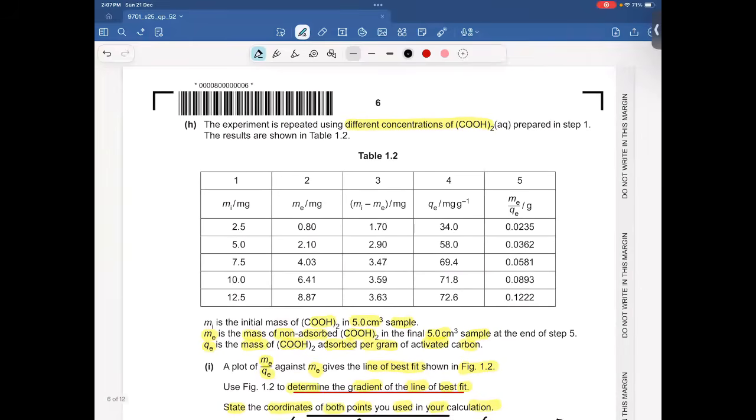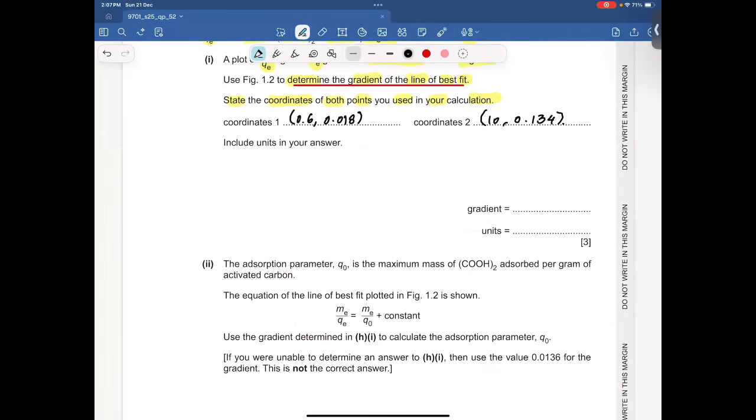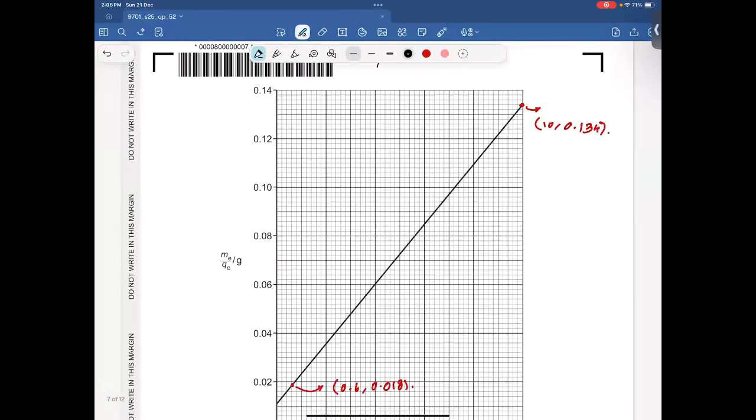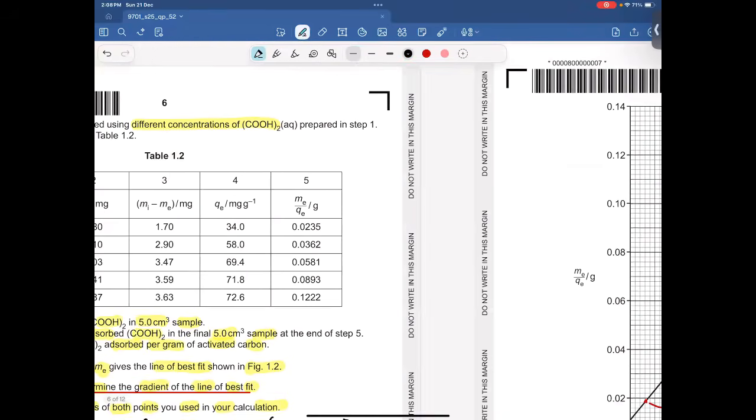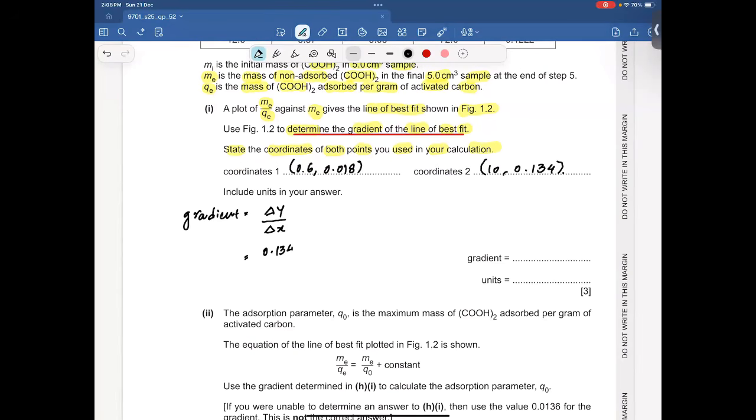Okay, so gradient is basically change in y over change in x. So delta y is going to be 0.134 minus 0.018, and delta x is basically 10 minus 0.6.